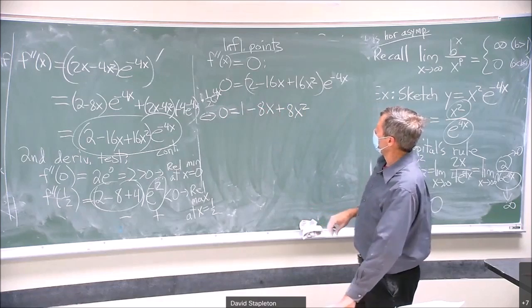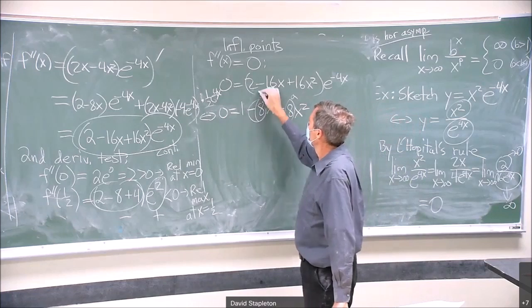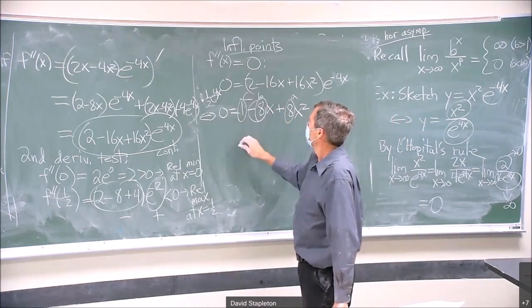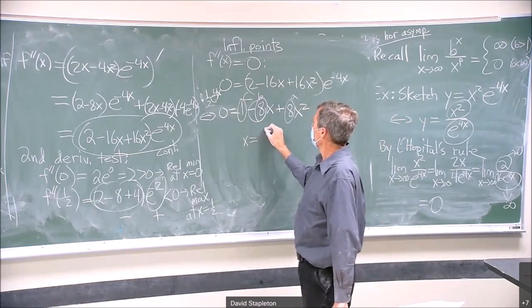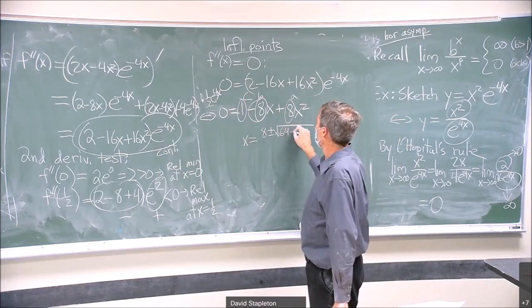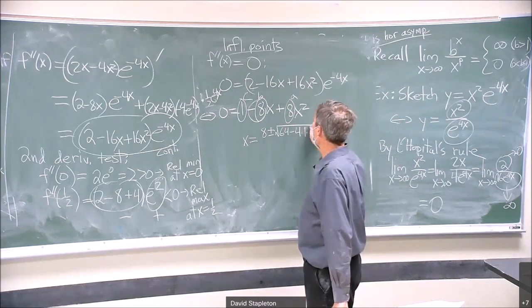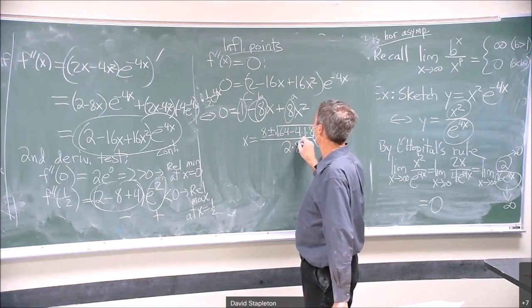And where is that equal to 0? Well, this is an ax squared plus bx plus c, so it's x equals minus b plus or minus the square root of b squared minus 4ac, all over 2a.